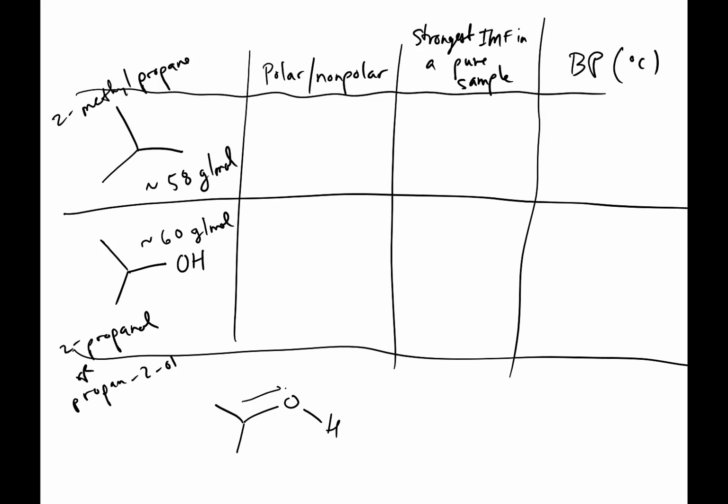We remember there are those vectors that describe this. Or another way of doing the same thing is partial negative, partial positive, right? And so we get a feel right away for the fact that this is polar for reasons we've discussed lots of times before.